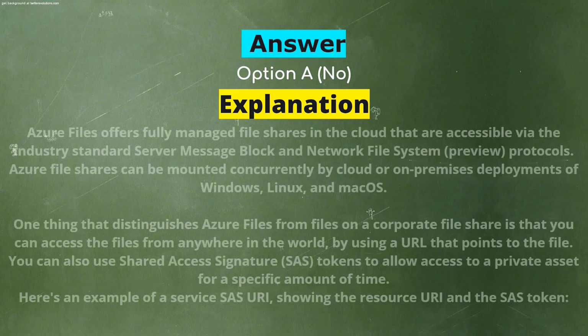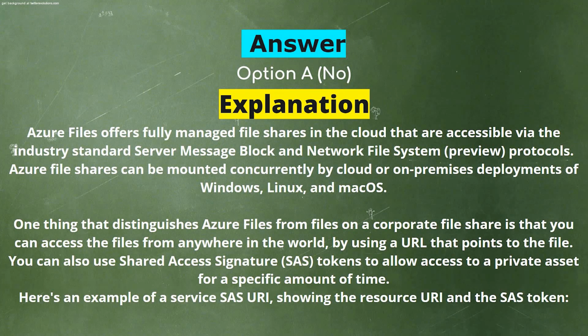Explanation. Azure Files offers fully managed file shares in the cloud that are accessible via the industry standard Server Message Block and Network File System protocols. Azure file shares can be mounted concurrently by cloud or on-premises deployments of Windows, Linux, and macOS.